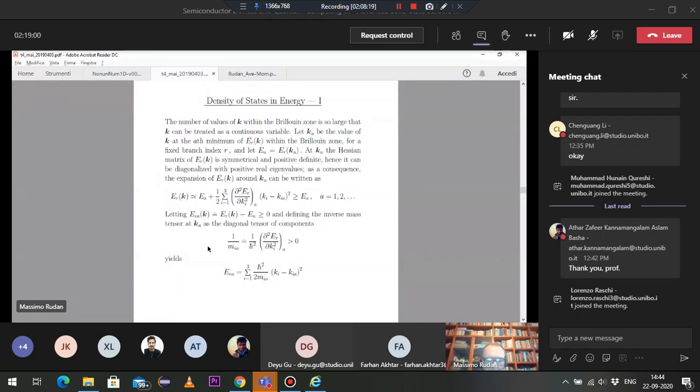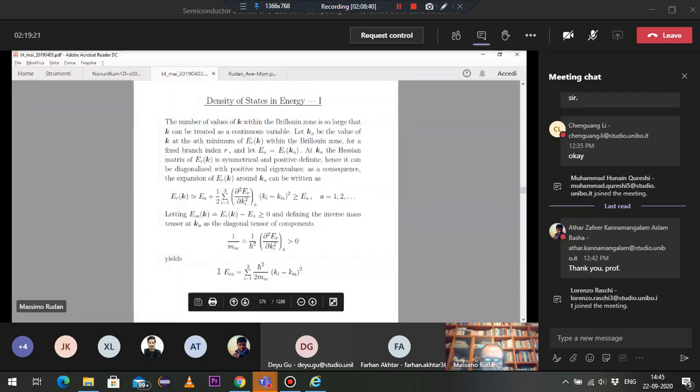So we have two simplifications. One is that we consider the symbol E sub EA as the difference between the total energy and the energy of the minimum, okay? And second is that we are introducing the effective mass, okay?